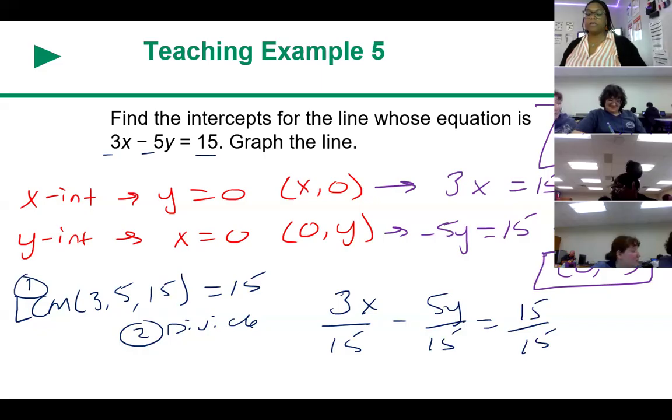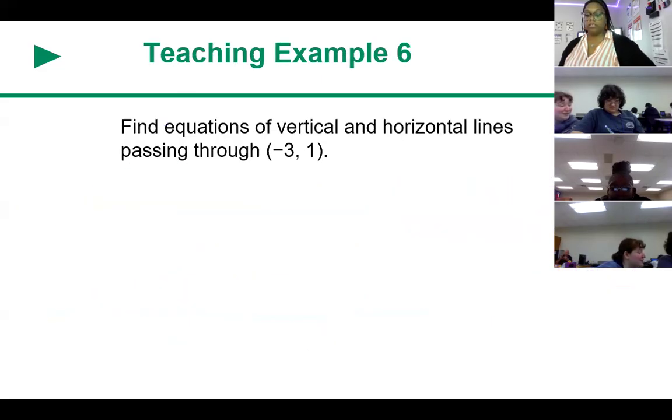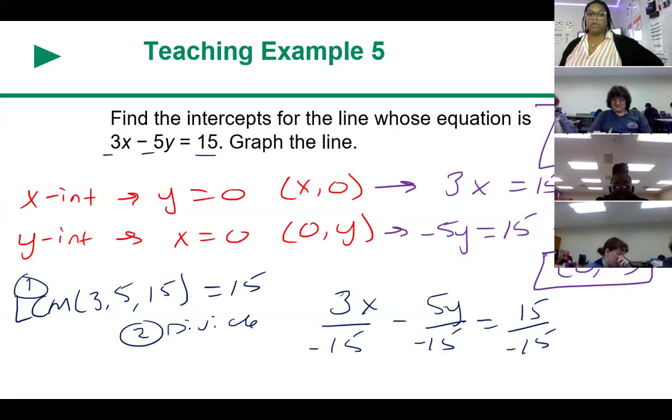And what do you notice when you end up dividing? Well, you have to divide everything by negative 15, I'm sorry. I don't want to be doing this the wrong way. I'm going to remember this method if it kills me. It's supposed to be faster and quicker. We're going to see if it really is, but I don't think it's going to necessarily be. So what ends up happening is you reduce.